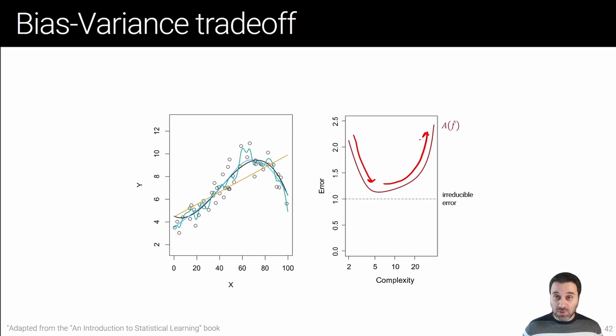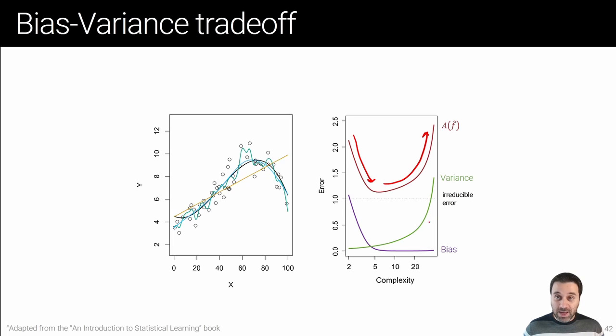And so we can also plot here variance and bias, and it looks something like this. So as the model is more and more complex, as we allow it to wiggle more to go through the data points, the bias is going to reduce. It will go through the observed data, but the model will be very variable.